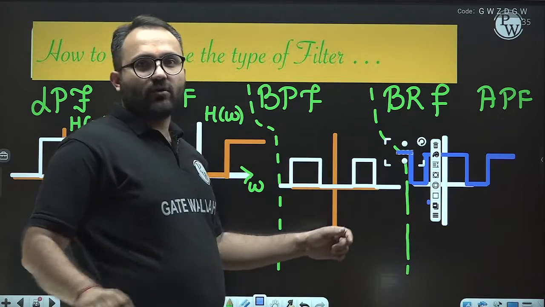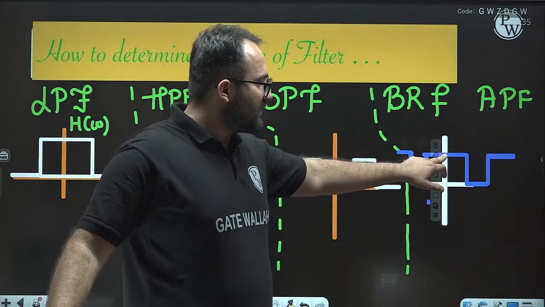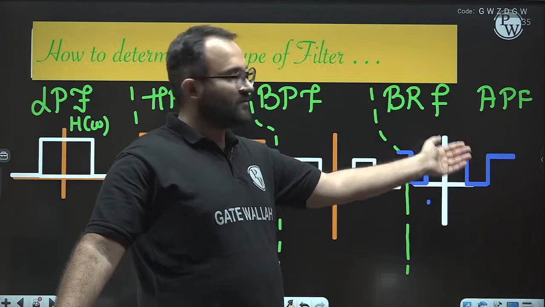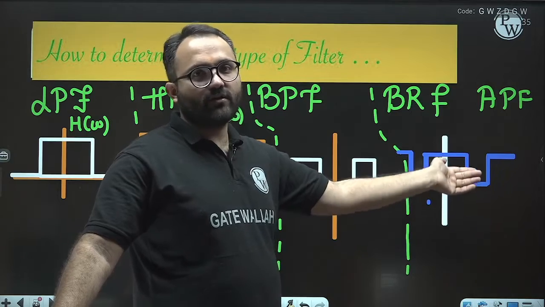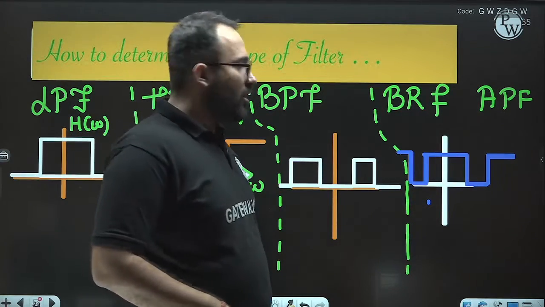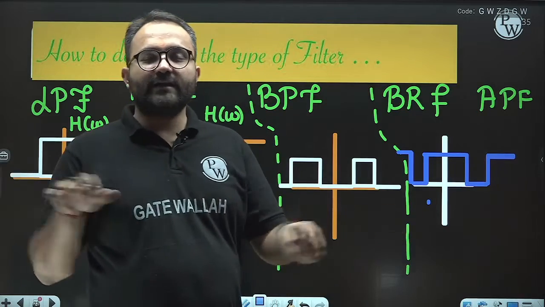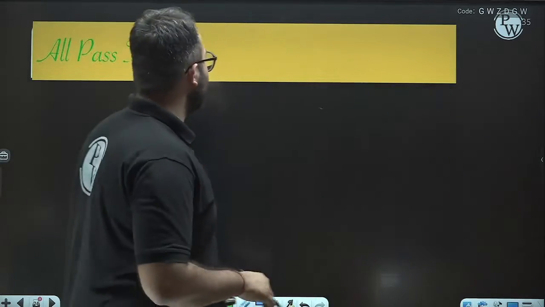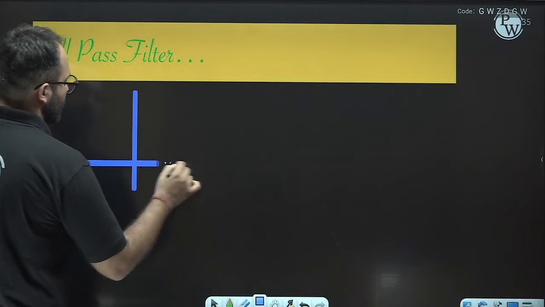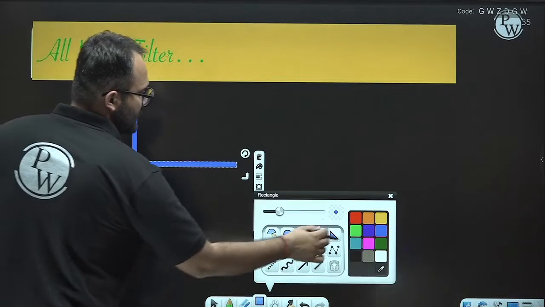It is non-zero for most frequencies, but 0 for a very small range of frequencies. Last is the all pass filter. All pass filter is never 0, it is constant, with a constant frequency response like this.